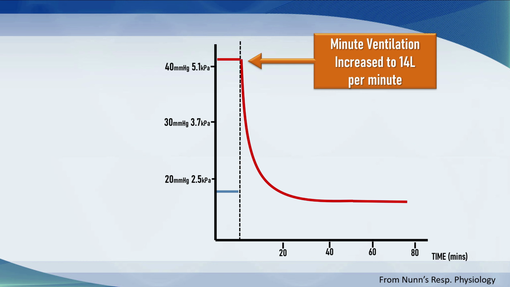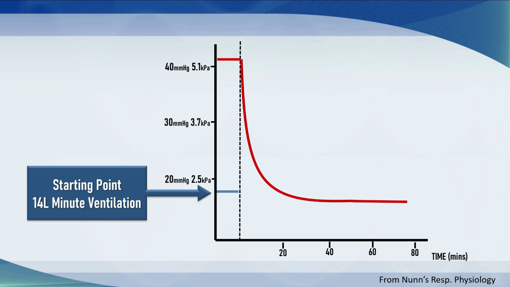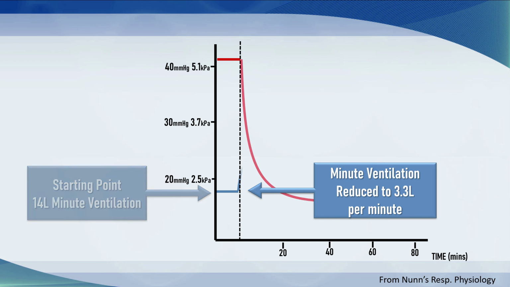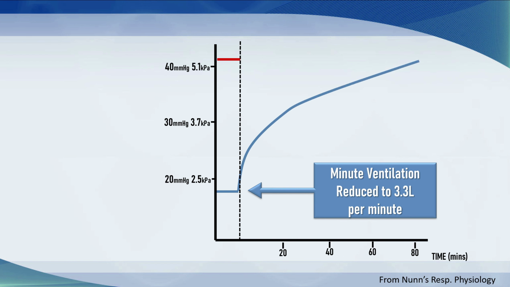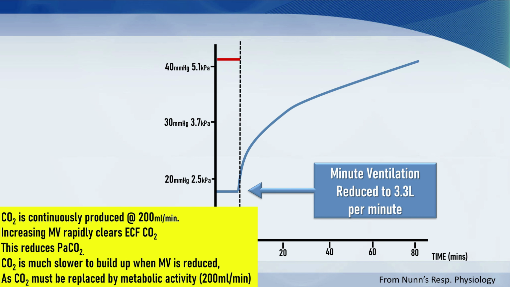At this stage, we're going, well, this is a big mistake, obviously, so we need to reduce the minute ventilation back to 3.3 liters per minute. What then happens is that the CO2 builds up, but it builds up way more slowly than it came down. And the reason for this is because the CO2 is only produced at 200 mils or so per minute.